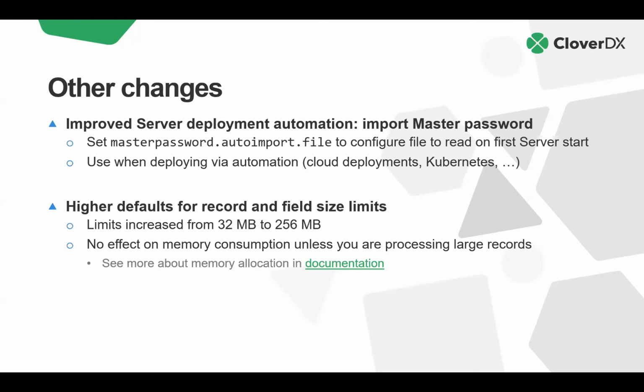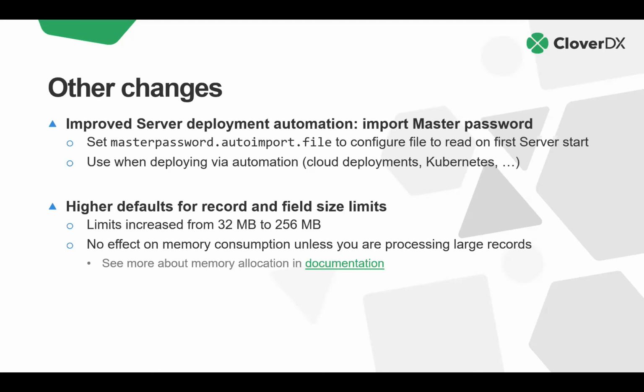We've also improved the deployment automation for the server. You can now import the master password during server startup. So there's a new configuration property called master password auto import file, which you can configure with a file path or file URL, and it will read your master password from there.